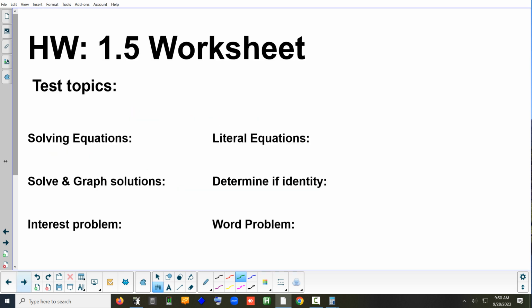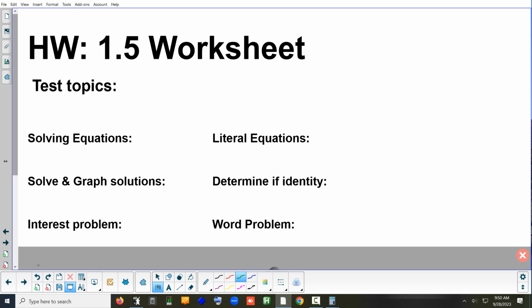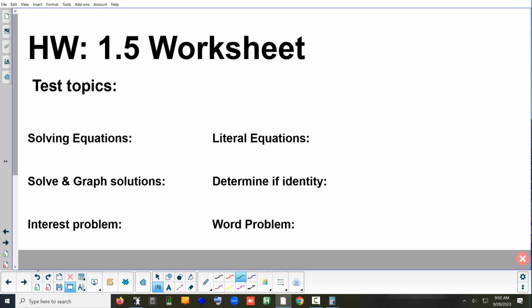Okay, so the homework tonight is the 1.5 worksheet. There is a review online that covers these topics on the test. The test tomorrow is on 1.3 part 1 to 1.5.